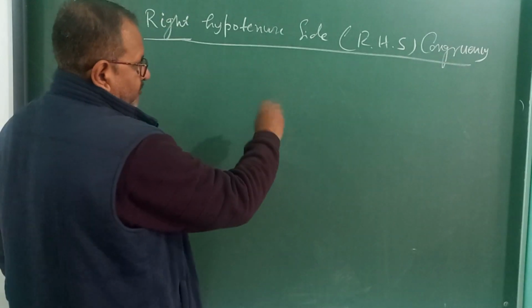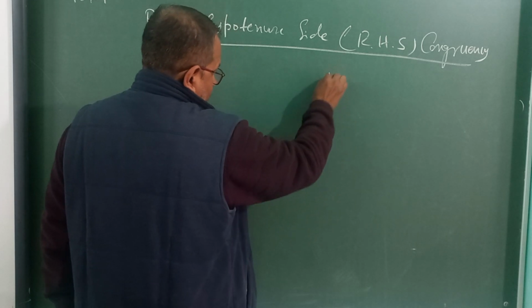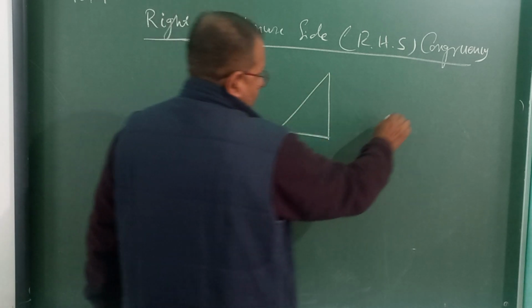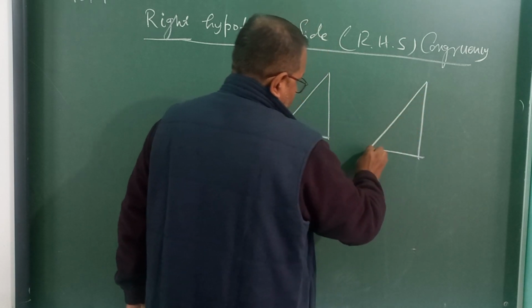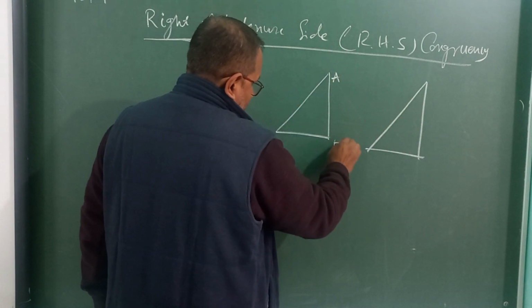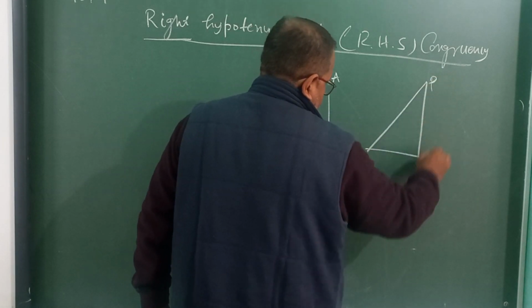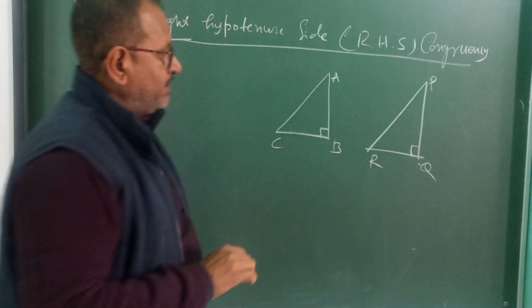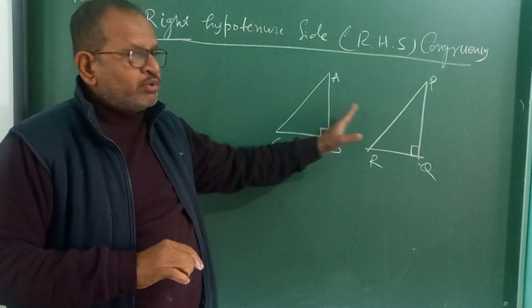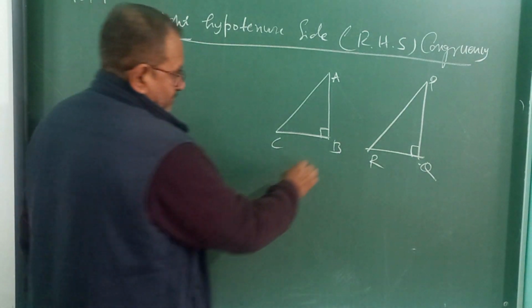So if we take two right angle triangles, name one ABC. Here angle B is 90 degree. This one is PQR, angle Q is 90 degree. So we have taken here two right angle triangles, ABC and PQR.